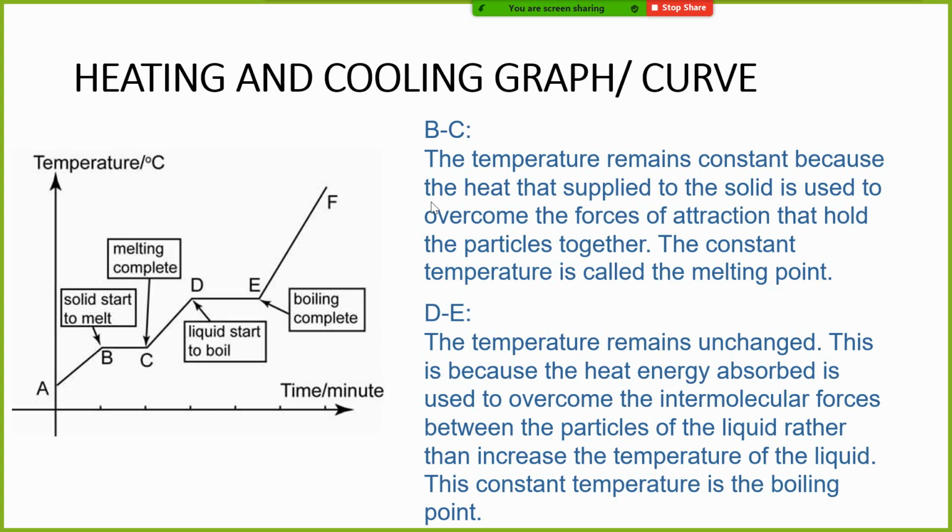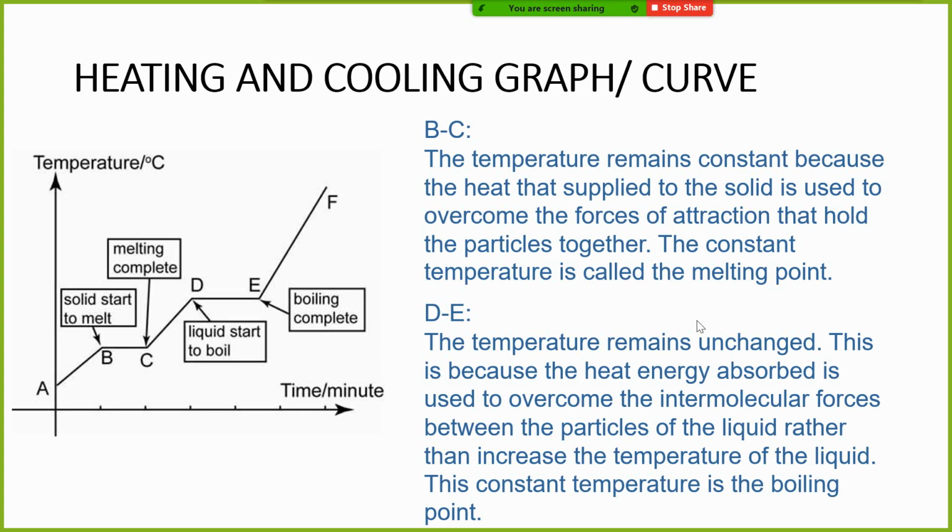So at BC, as we rightfully said, the temperature is going to remain constant because the heat that's supplied to the solid is used to overcome the force of attraction that holds the particles together. This constant temperature is called the melting point. One of the very important points here is to understand that, let's just imagine that you're melting some ice, right?